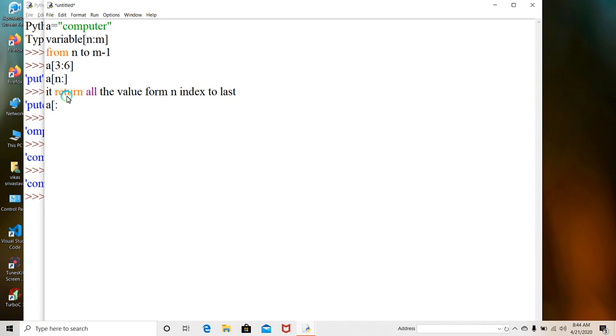If we write colon n, it returns all the values from 0 to the last index, which means up to n.